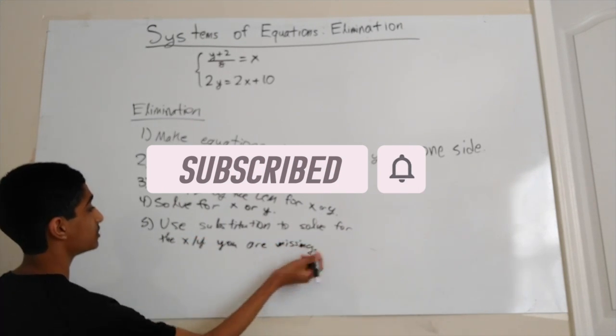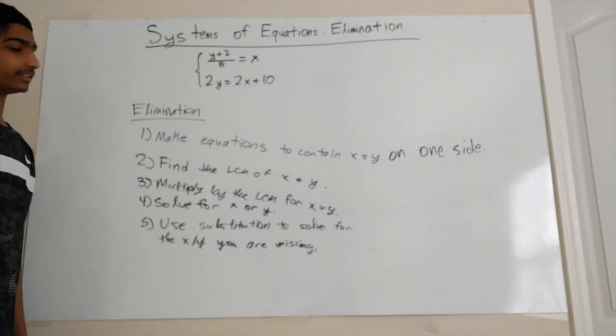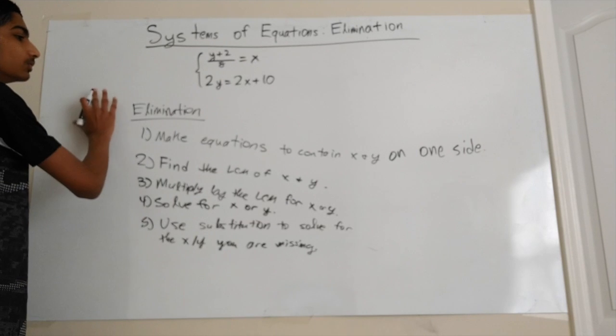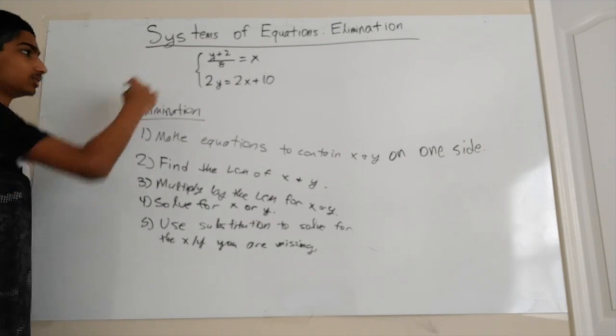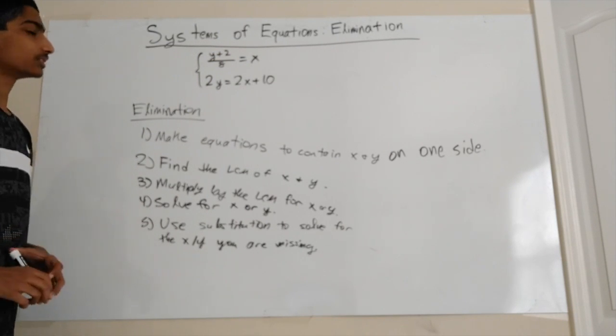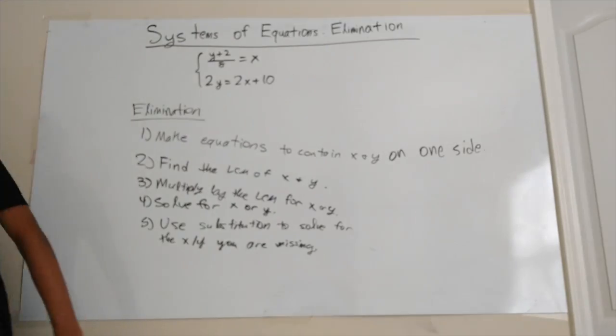So you want to use substitution to solve for the x or y that you are missing. Okay, so these steps might not make sense now, and honestly they shouldn't unless you already know elimination. So we'll keep these steps to the side while we solve these systems of equations. Okay, let's solve the systems of equations right now.